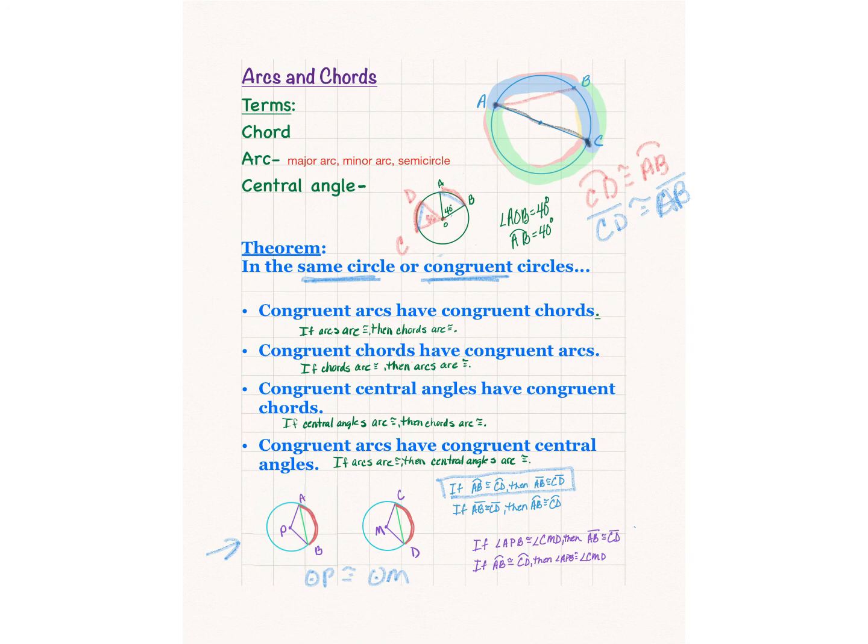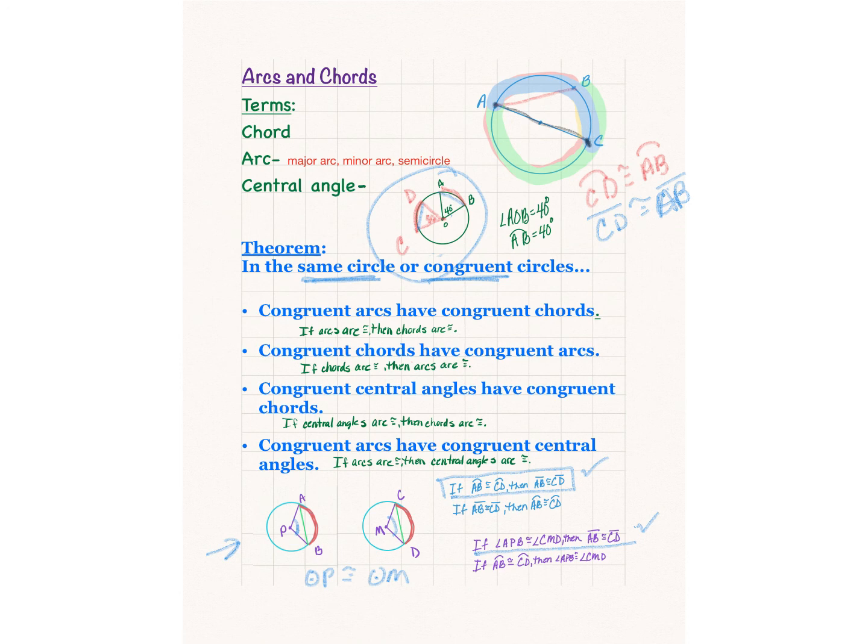Congruent central angles have congruent chords. So since in this figure up here I know my central angles are both 40 degrees, I know that AB is congruent to CD. And then down here, if I knew that this angle is congruent to this angle, then I would know that AB is congruent to CD. Congruent arcs have congruent central angles.